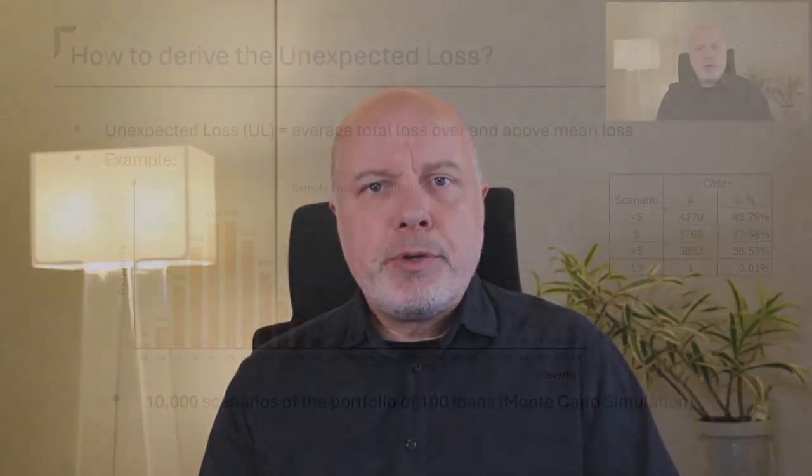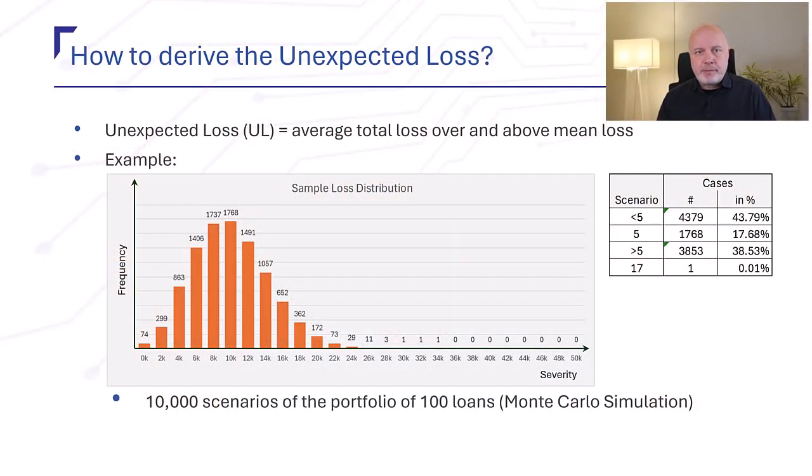One such scenario or one such modeling you can see on the screen. We used Excel with the data analytics function to prepare the Monte Carlo calculation. As you can see from the histogram, there were 1,768 cases in which 5 loans defaulted. This was also the most frequent observation, which actually should not surprise you. There have been years with no defaults, particularly here there have been 74 out of 10,000 years with no defaults.